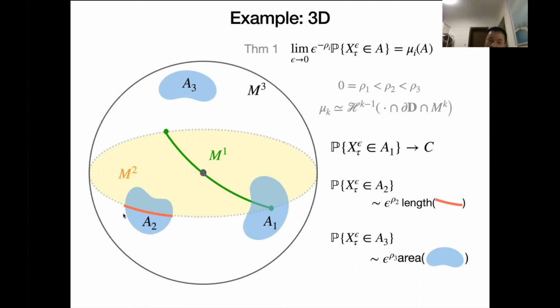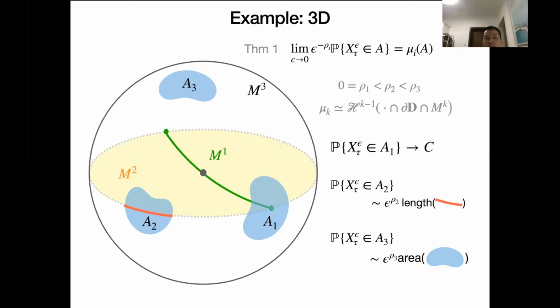So it's roughly the length of this red curve, which is the intersection of A2 with M2. And for A3, you know this decay rate, and mu3 here is a two-dimensional measure. It's supported on the entire boundary, so it's roughly this scaling times the area of A3. So this is an example illustrating the results.